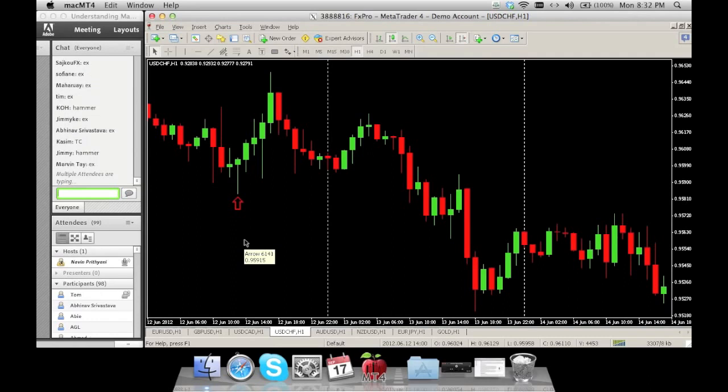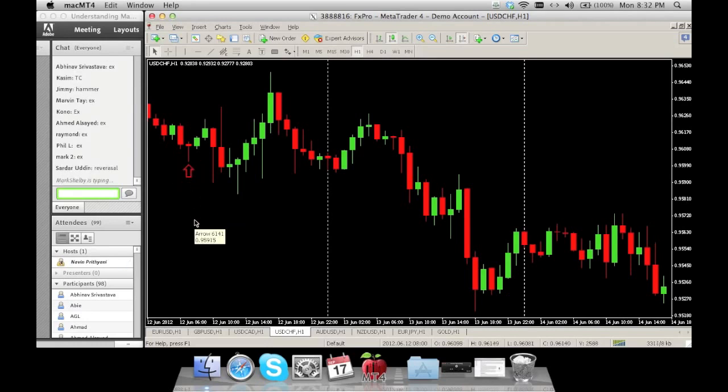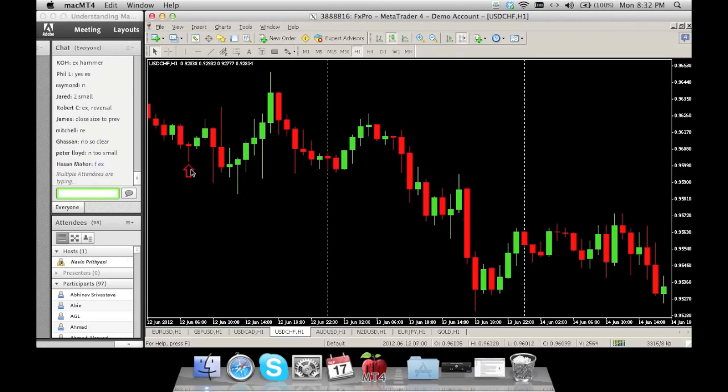Exhaustion, hammer, pin bar, yes. Now, what about this one? Okay, the answer is no, this is not an exhaustion. The previous candle is way too big. Remember, just because the next candle went north does not make this valid.